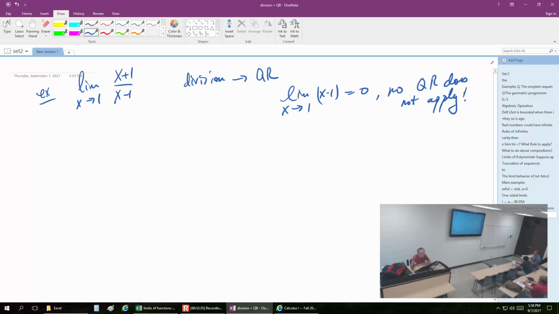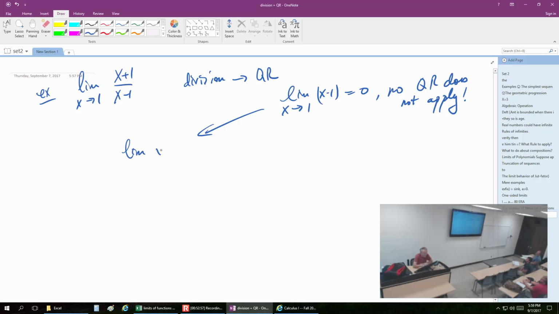So that's one situation you might be facing, and then you should be able to draw conclusions based on other patterns of behavior, what we have seen with sequences. What's happening is that the limit of the denominator is going to 0. Then we proceed to explore further.